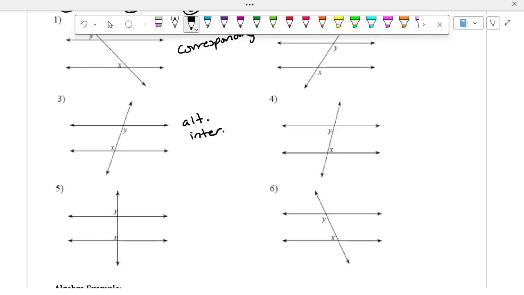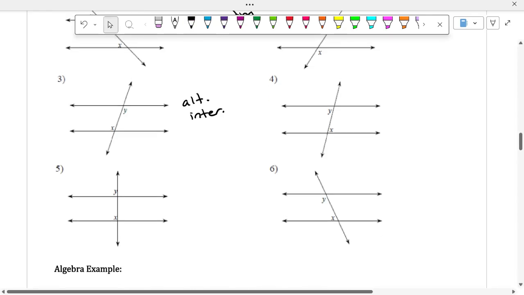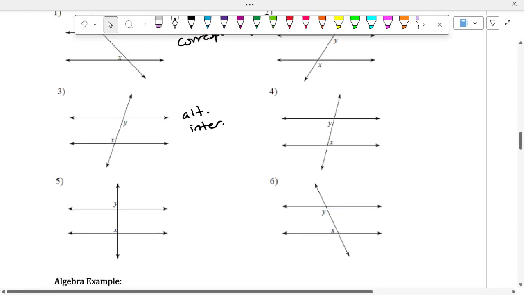All right. What about number 6? So look at number 6 on your paper. Think about it. Think about what you think number 6 would be.